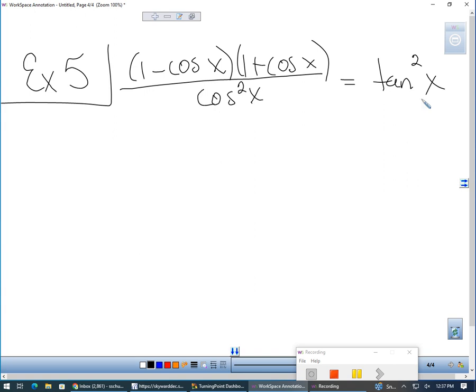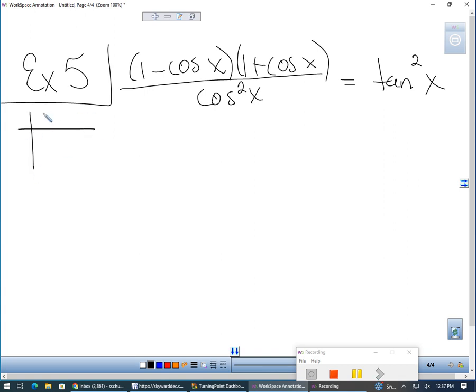All right, what do you guys see? The difference of squares, absolutely. So if I were multiplying 1 minus cosine times 1 plus cosine, what do I get? You're close. What if I were to write it out this way?